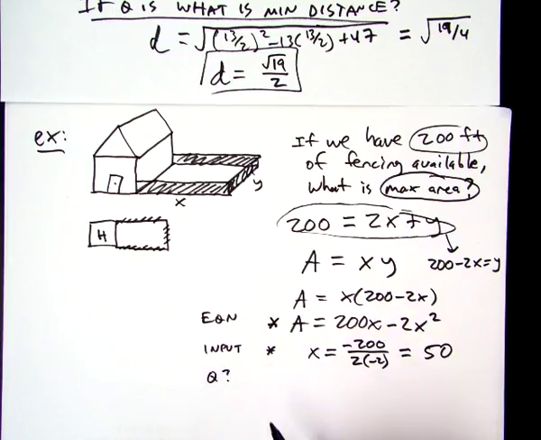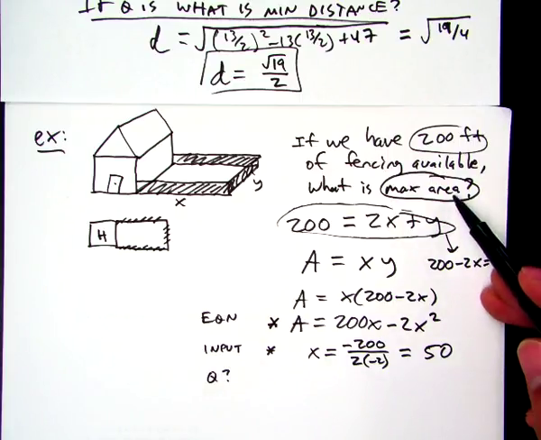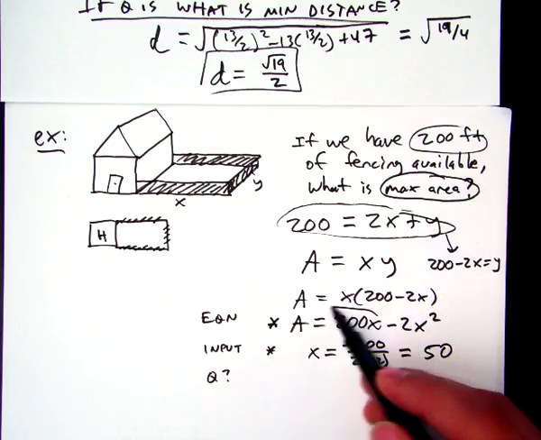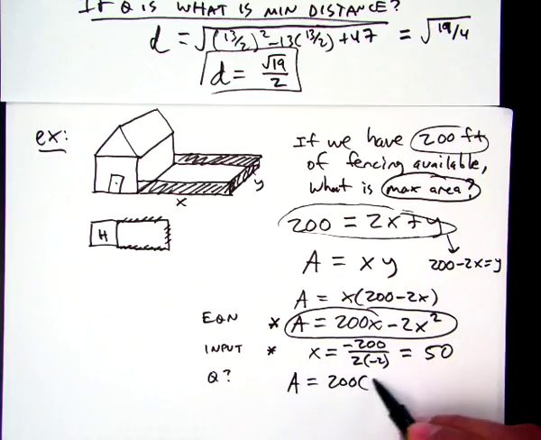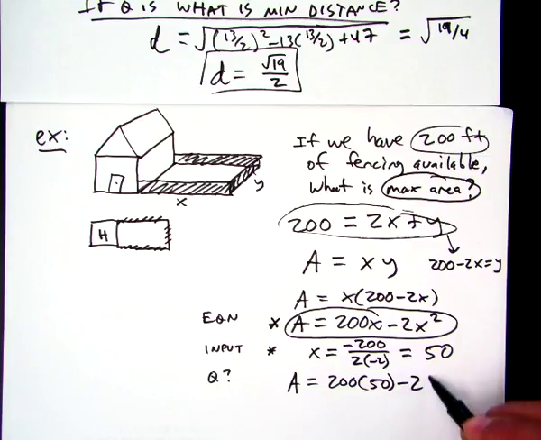I always like to relook at the question just to make sure I know where I'm plugging this into. They want to know what? Maximum area. So is there an area thing I can stick this into? The area is right here. So area is going to be 200 times 50 minus 2 times 50 squared.